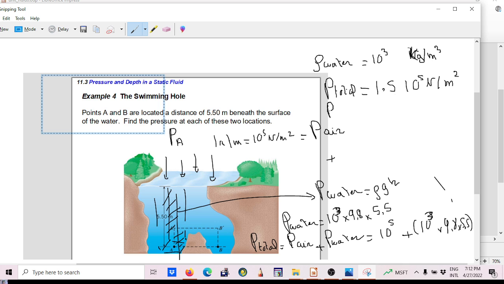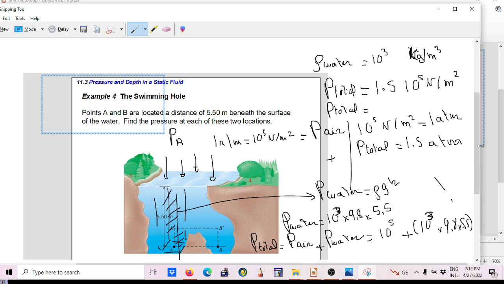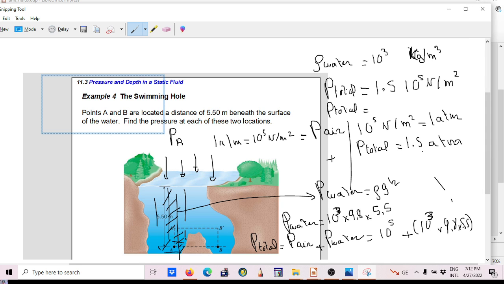Or you can say that the total, remember that 10 to the 5 Newton per meter square is 1 atmosphere, so the total pressure is going to be 1.5 atmospheric pressure. So I am 0.5 more.